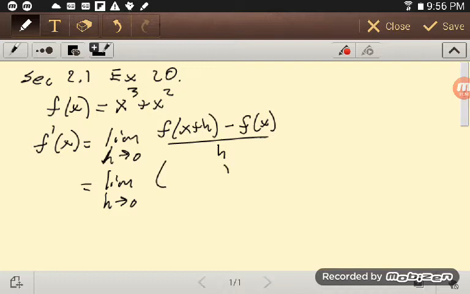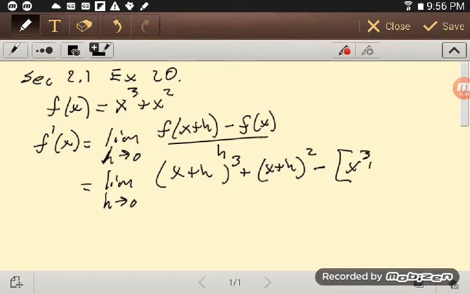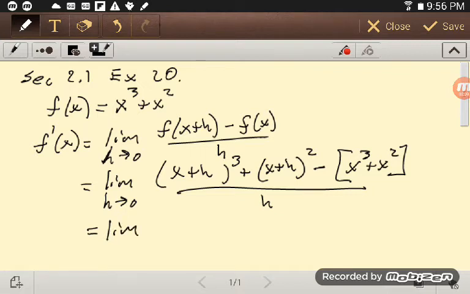Now I have something cubed, so that's x plus h, plus something squared, so that's x plus h. And then minus x cubed plus x squared, all divided by h. So now, big time algebra stuff. I have this binomial that I need to cube. Well, what I know is that that has a certain pattern.